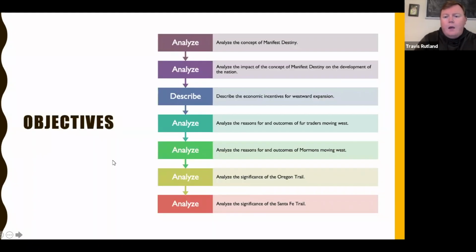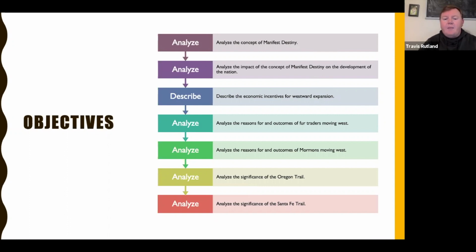All right. A few objectives first. All right, so several objectives here basically going off of those standards. We're going to analyze the concept of manifest destiny. We're going to analyze the impact of the concept of manifest destiny on the development of the nation.